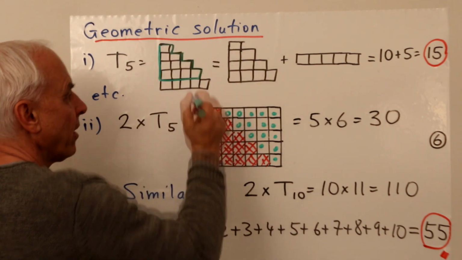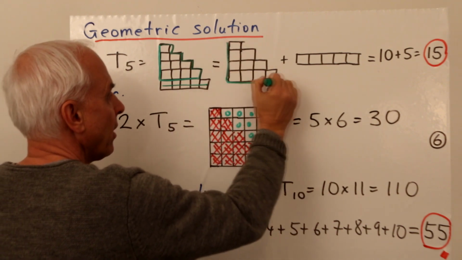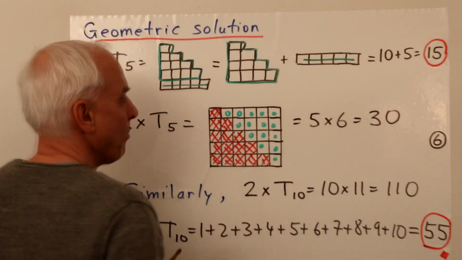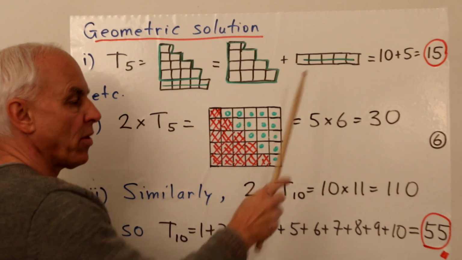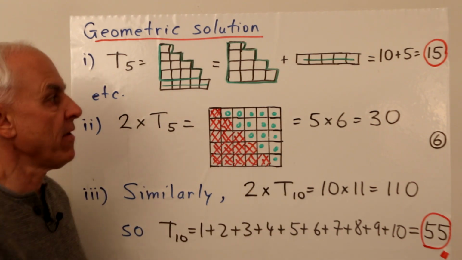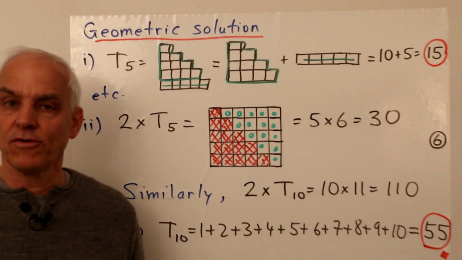That's the T4. And then there's one more row. The T4 was 10, and the row that we're adding to that has 5. So it's 10 plus 5 for a total of 15. So the fifth triangular number is 15.